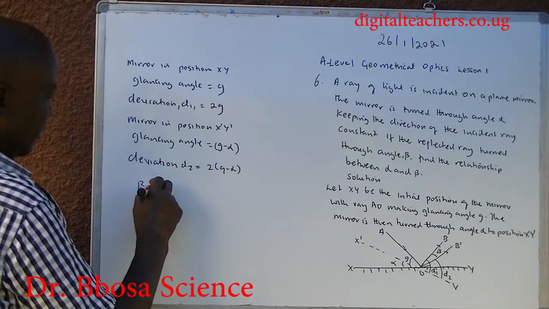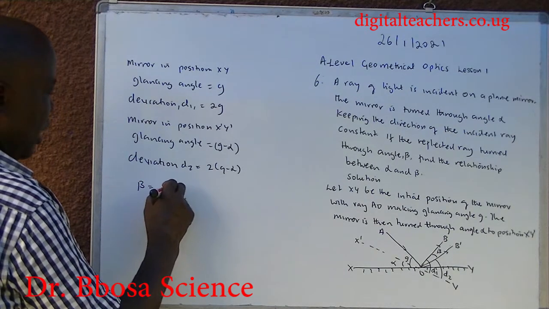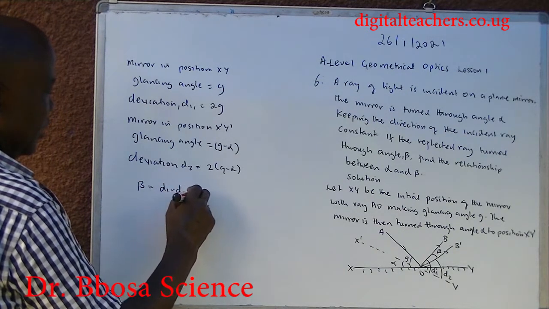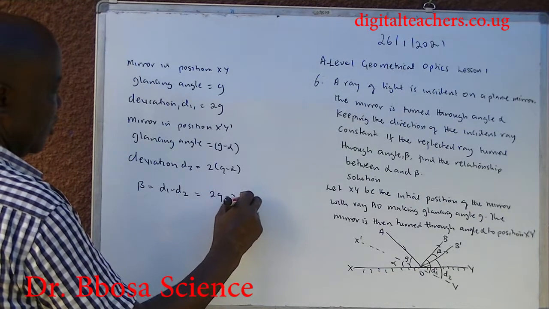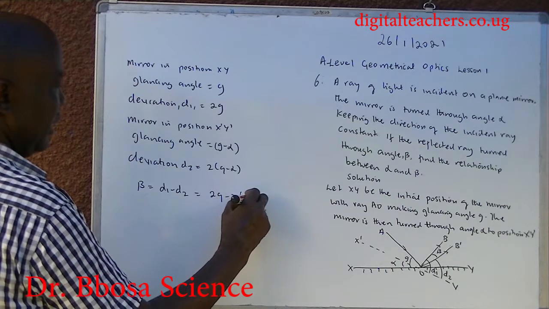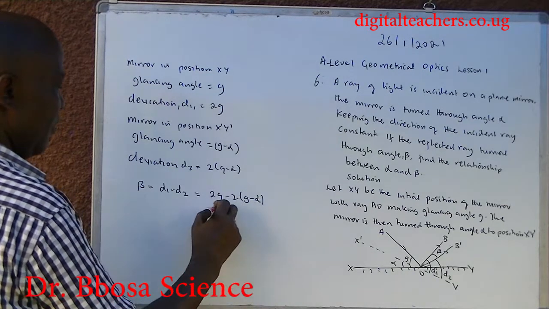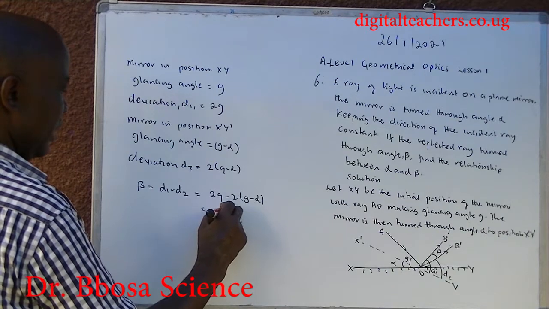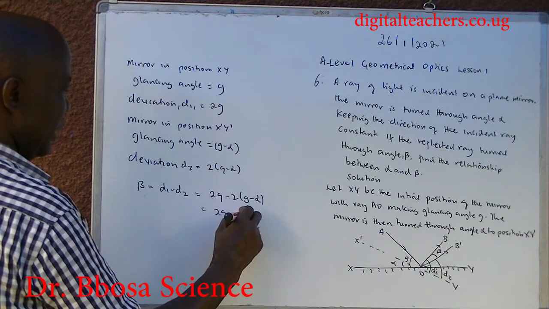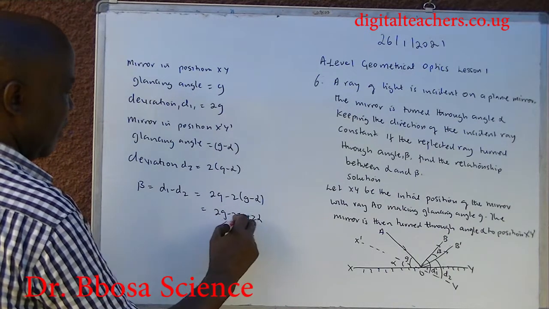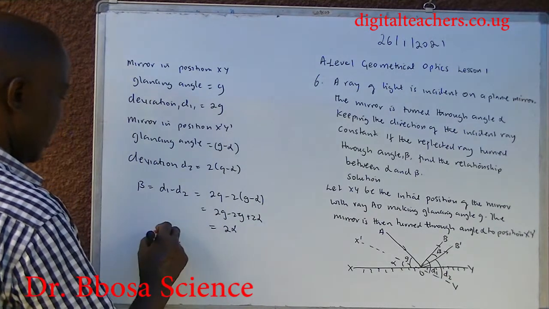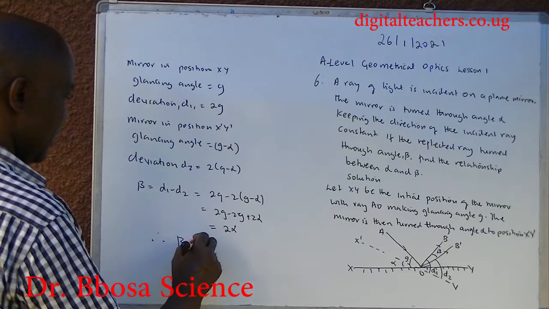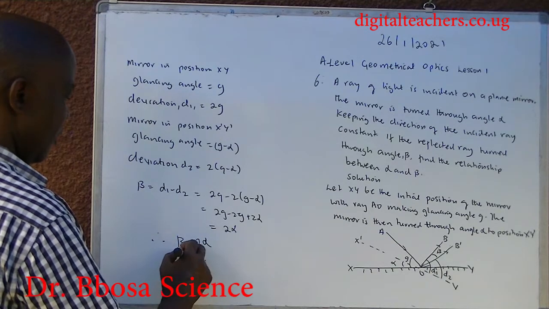Beta is equal to D1 minus D2 is equal to 2 G minus 2 into G minus alpha, is equal to 2 G minus 2 G plus 2 alpha, is equal to 2 alpha. Therefore, beta is equal to 2 alpha.